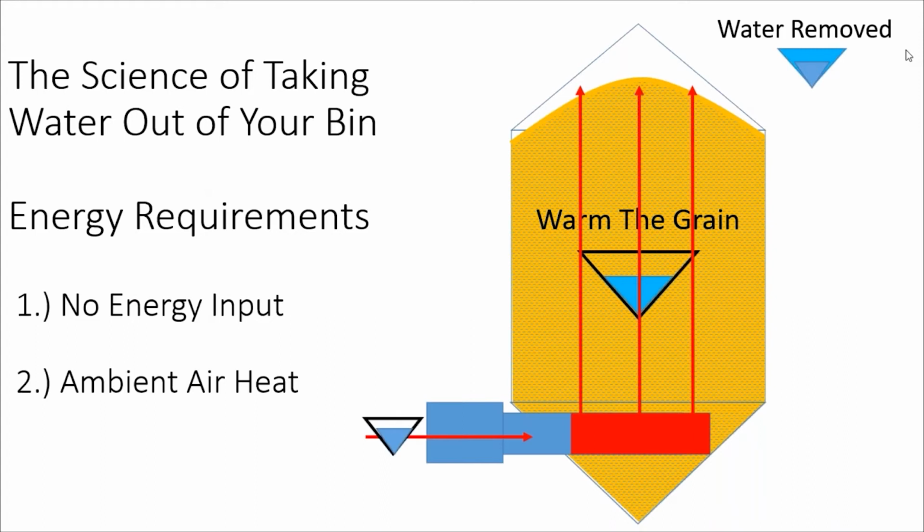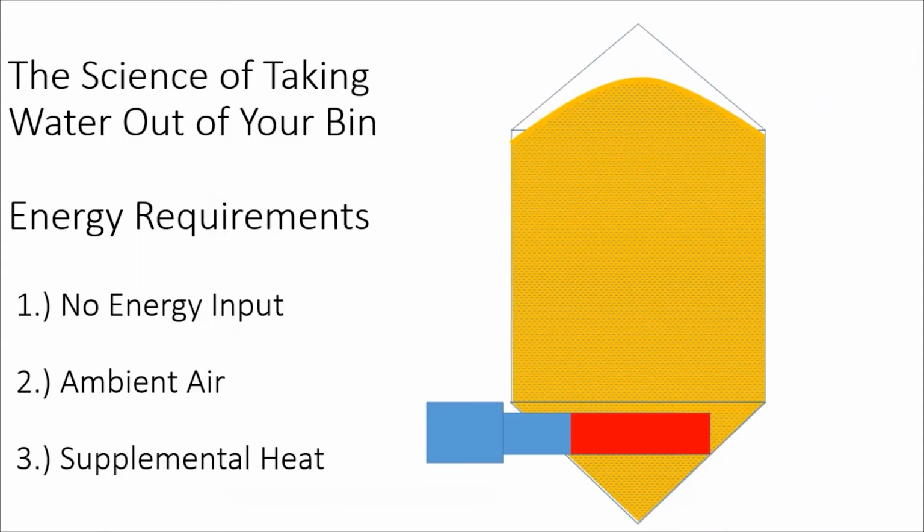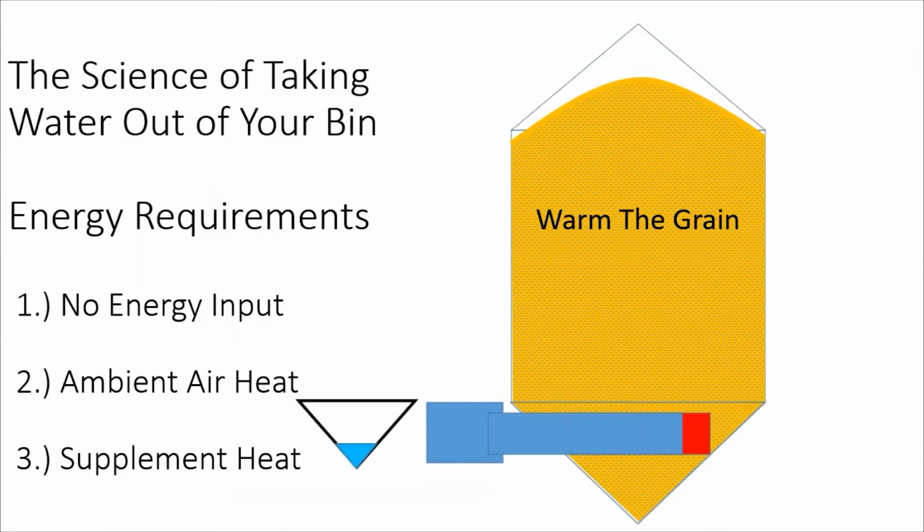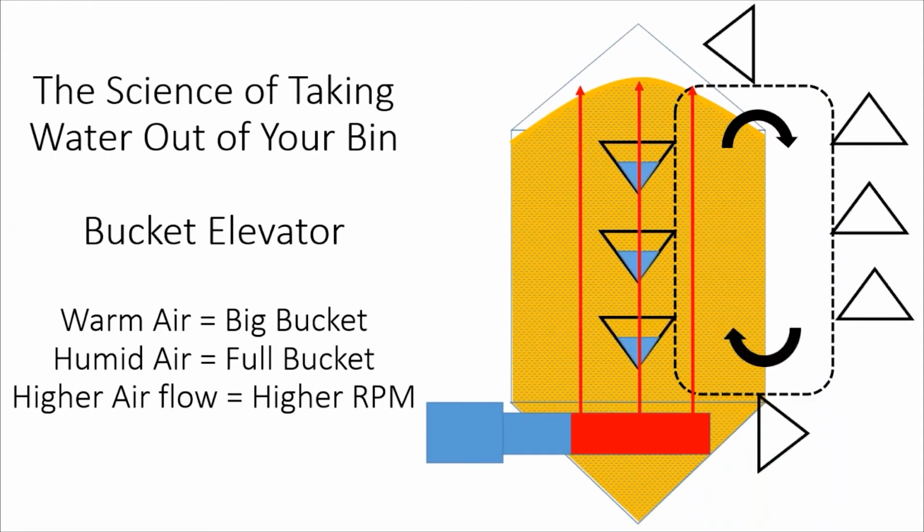The key there is that you're adding BTUs without any moisture, and that creates predictability. It creates a really dependable, reliable drying system. So that really kind of summarizes the bucket elevator.